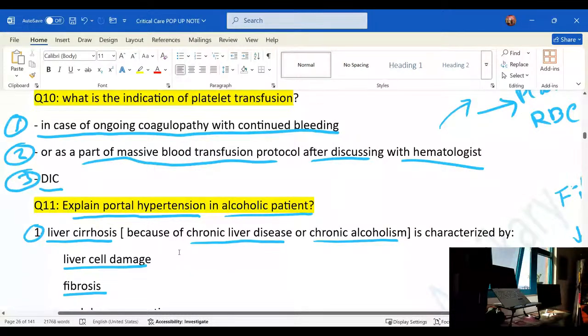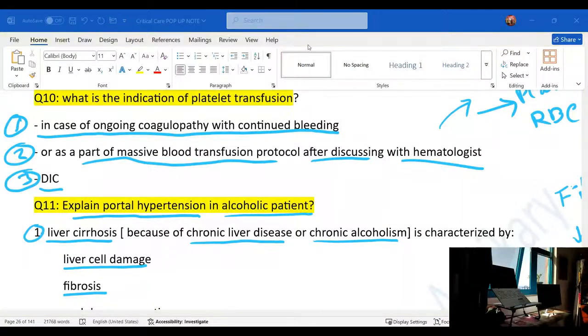Explain portal hypertension in an alcoholic patient. Portal hypertension in liver cirrhosis, because of the chronic liver disease.